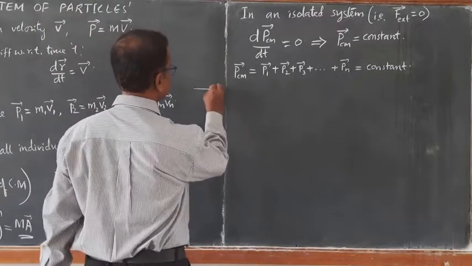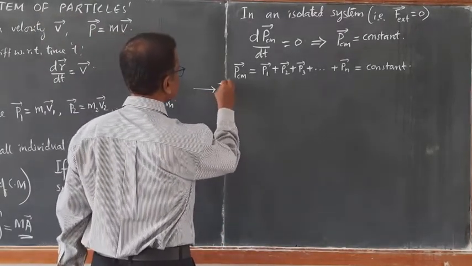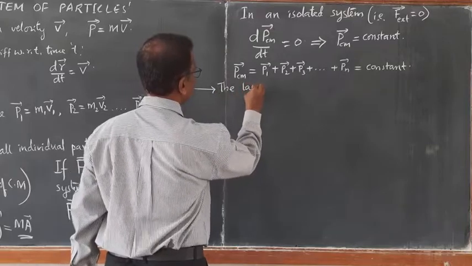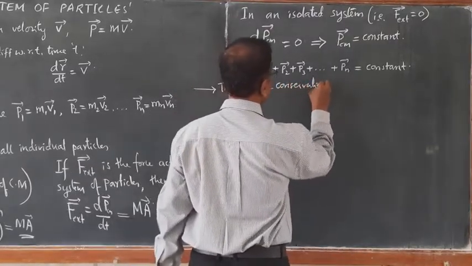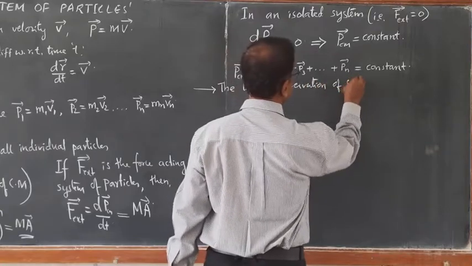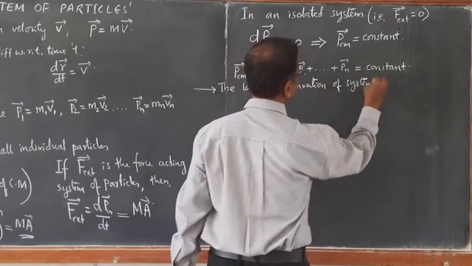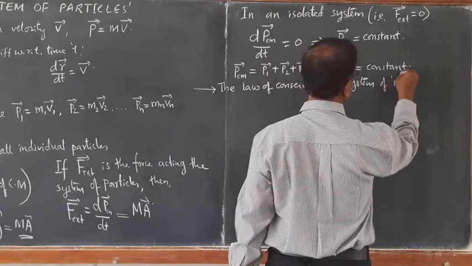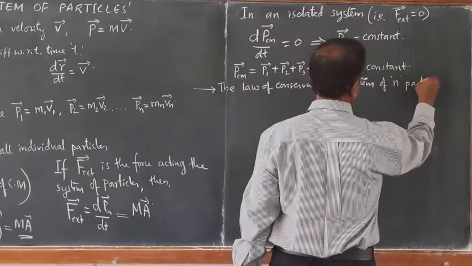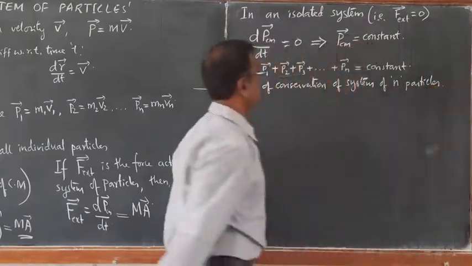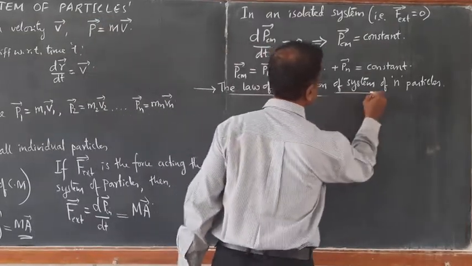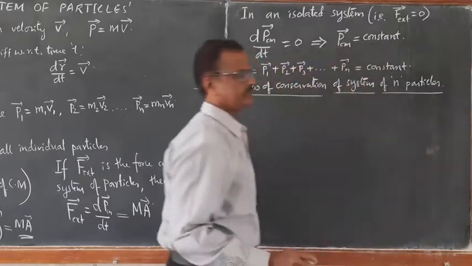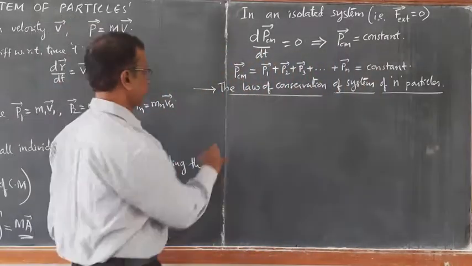So this itself is the law of conservation of linear momentum of system of n particles. What does it say?